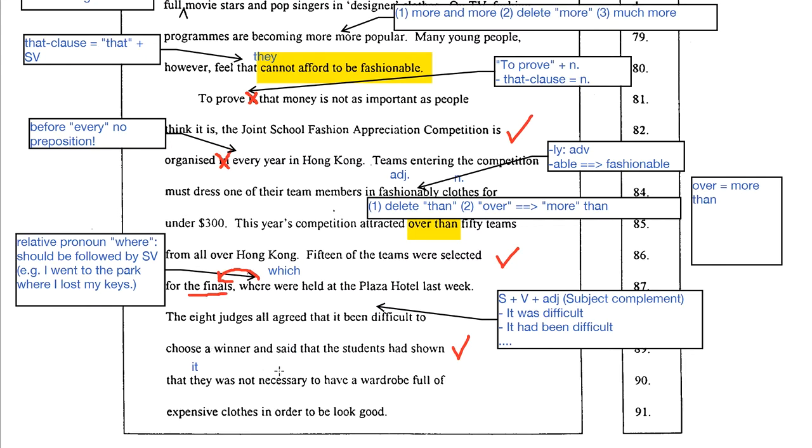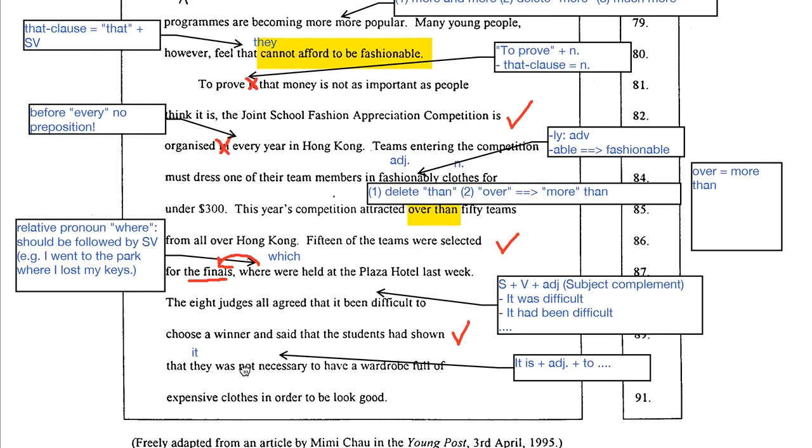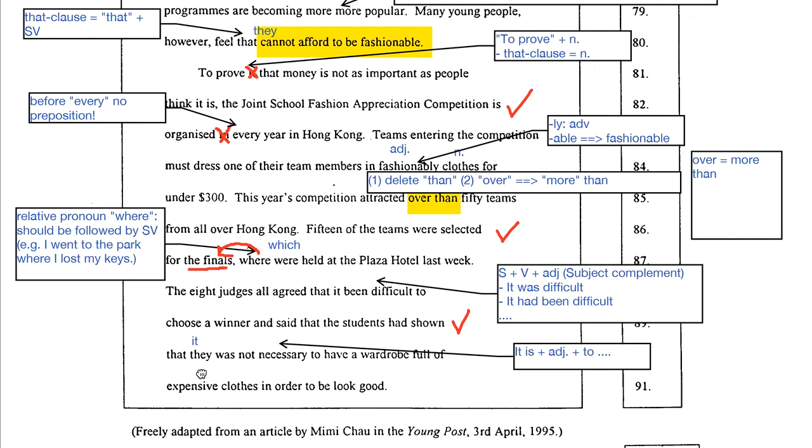This is another very classic sentence structure: it is adjective to. For example, it is important to study. 溫書係好重要嘅，讀書好重要嘅. It is important to study, or it is lazy to play video games all the time. So this is a sentence structure. In this sentence structure, we use the subject "it." We don't use "they" because it's a fixed sentence structure.